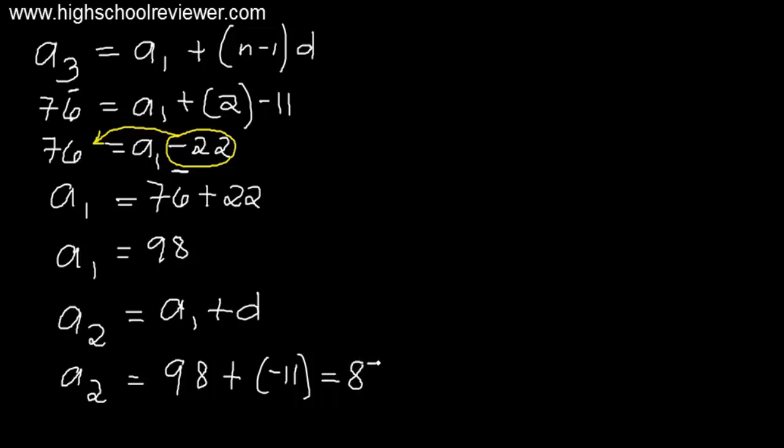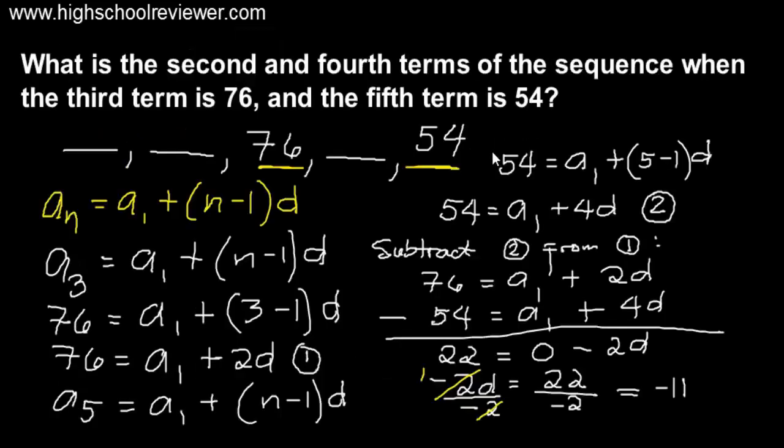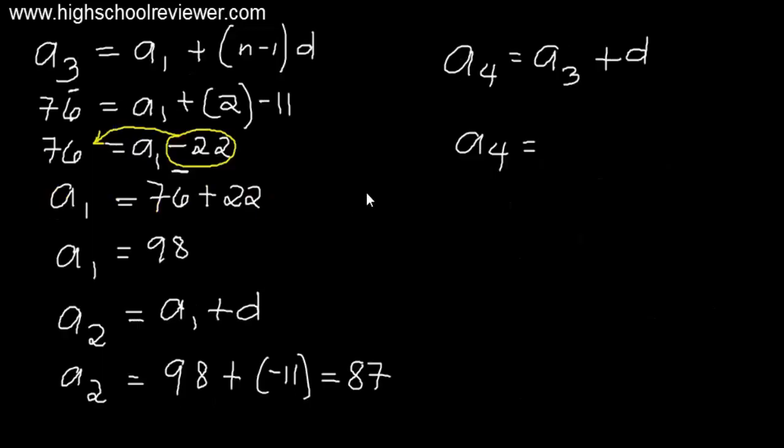Positive 87. And then for our a sub 4, we will just add the value of the common difference to our a sub 3. This will be a sub 3 plus d. Our value for a sub 3 is positive 76.